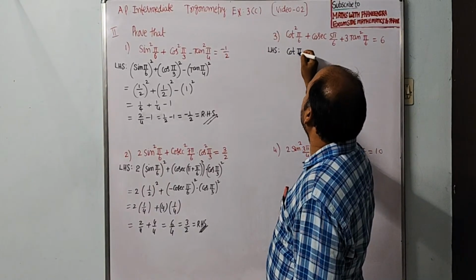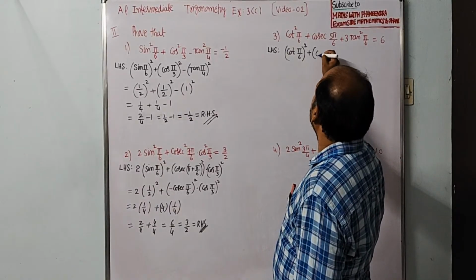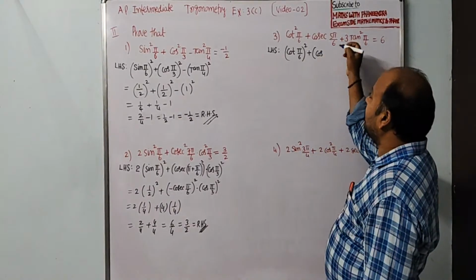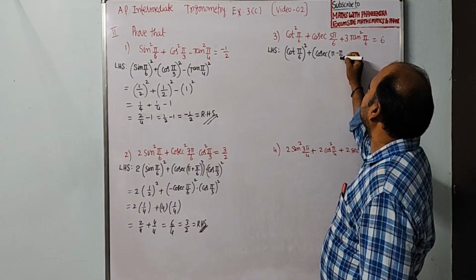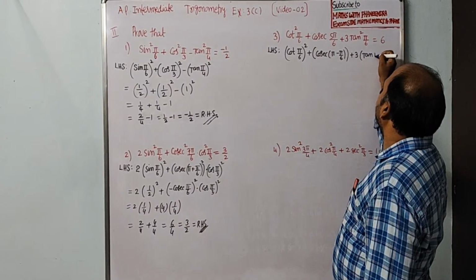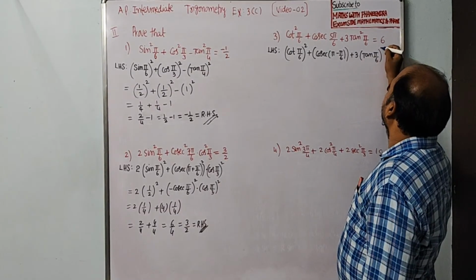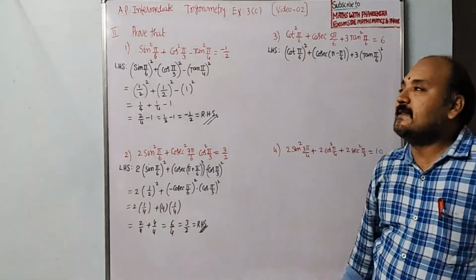Cot pi by 6 whole square plus cosecant pi by 6, pi by 6 can be written as cosecant of pi minus pi by 6, plus 3 into tan pi by 6 whole square. Pi by 6 is 30.